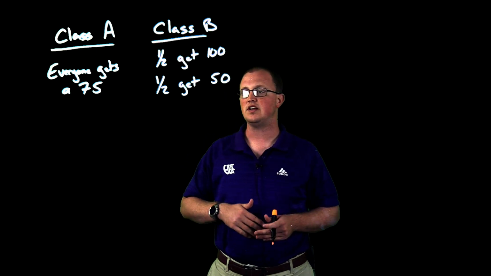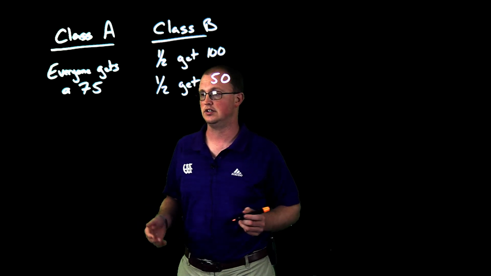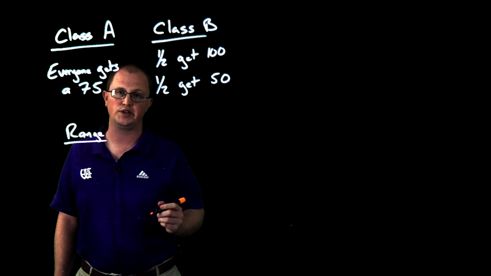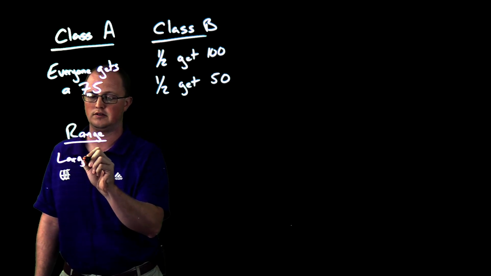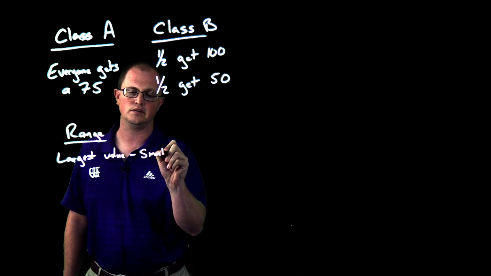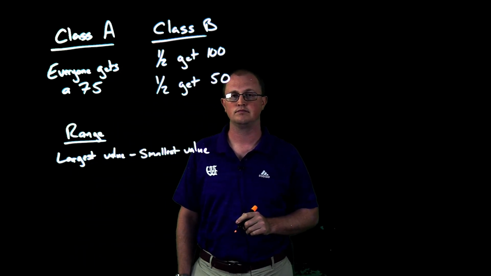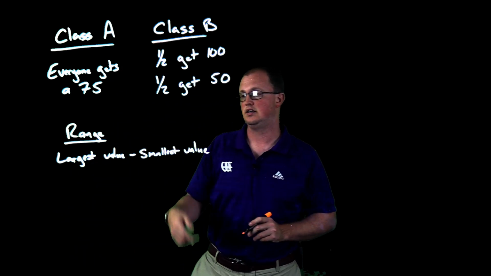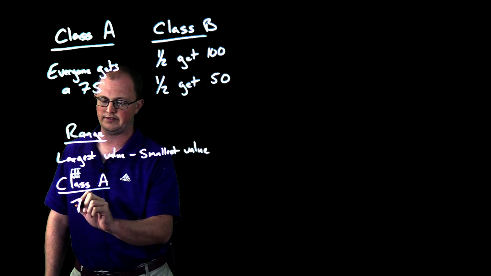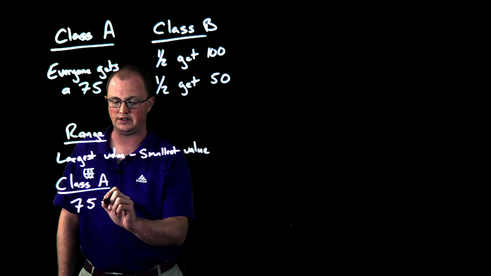So the first way of talking about variability is to just talk about the range. And the range is very simple to calculate. You take the largest value and you subtract the smallest value. That's it. And so for class A, the largest value is a 75, and the smallest value is also a 75.